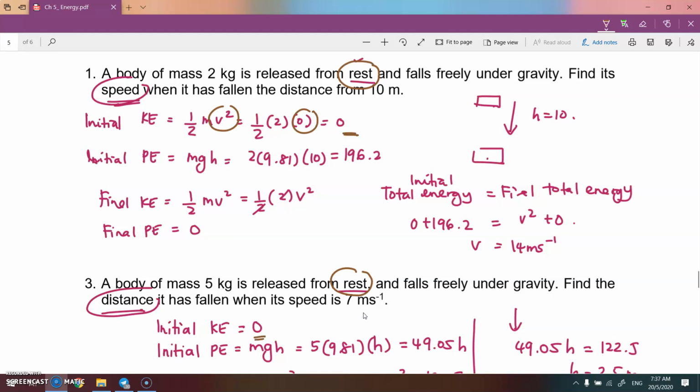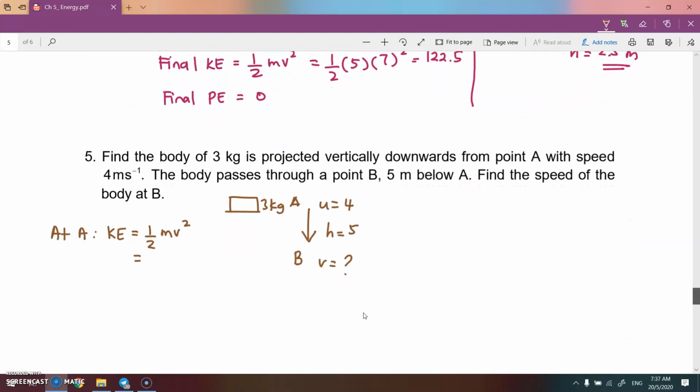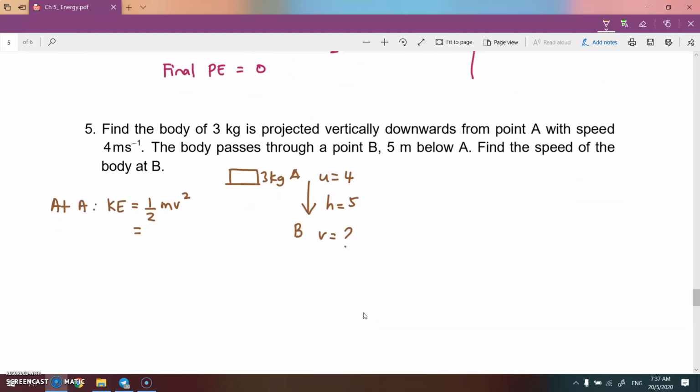But for question number 5, it has an initial speed of 4 meter per second, so your kinetic energy cannot be equal to 0. So you just substitute your speed, 4, and you will get 24.